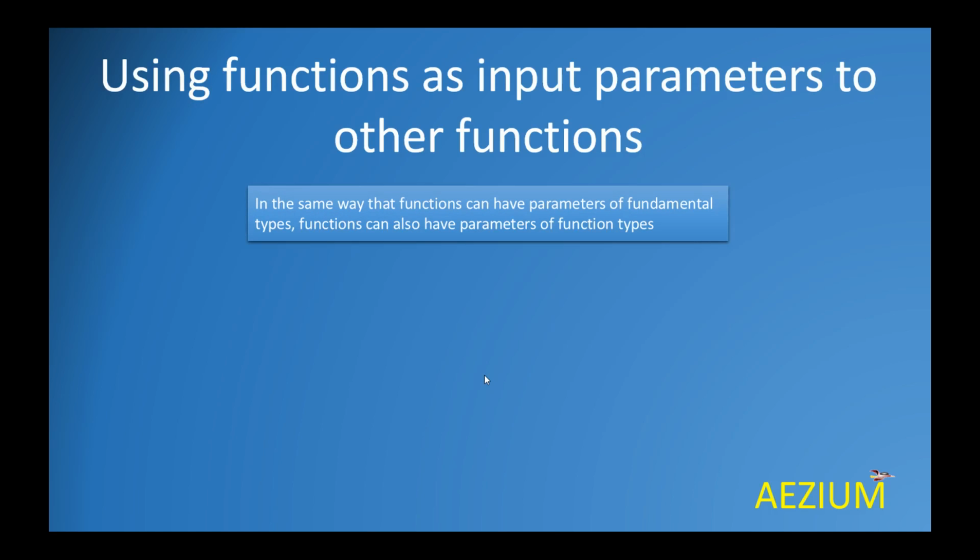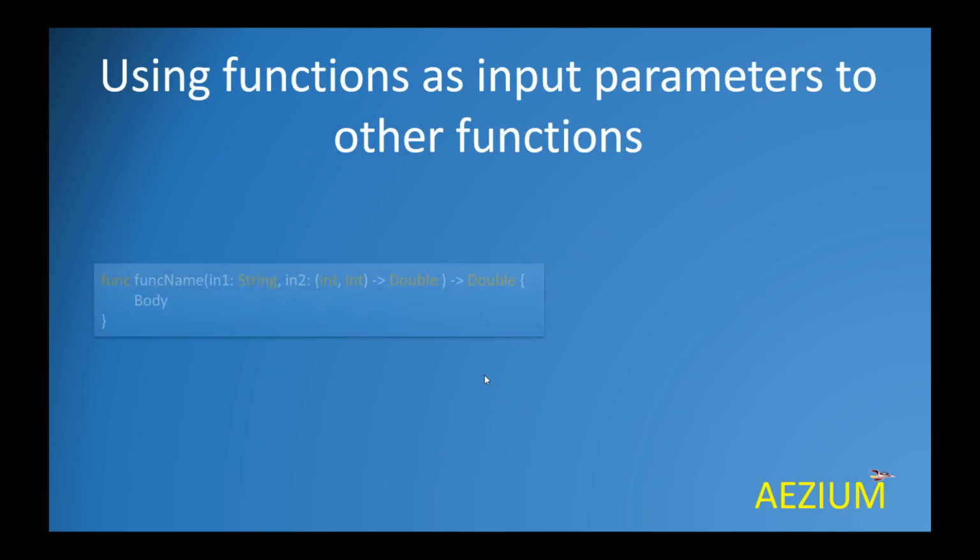In the same way that functions can take input parameters of fundamental data types, functions can also take input parameters of function type. For instance, we have a function here called funcName.